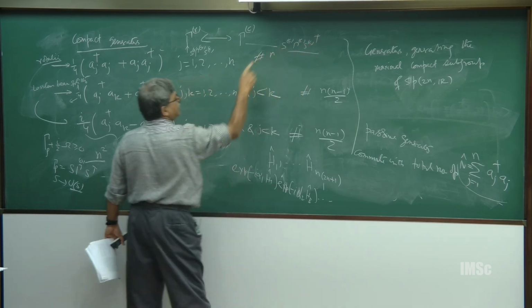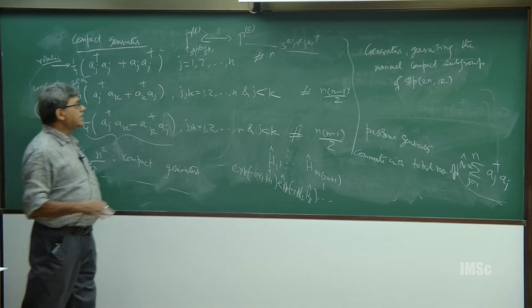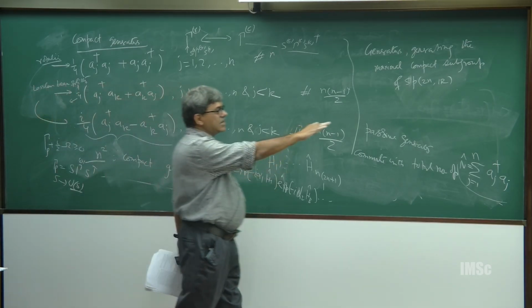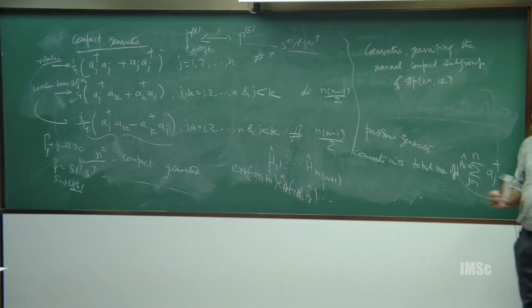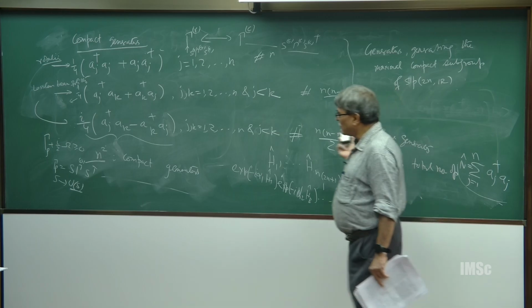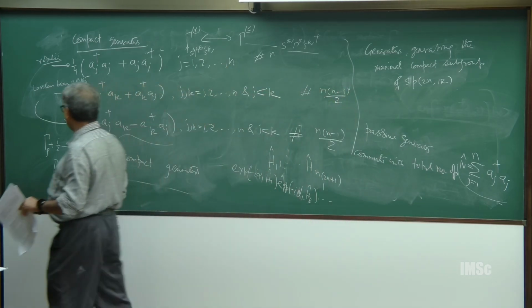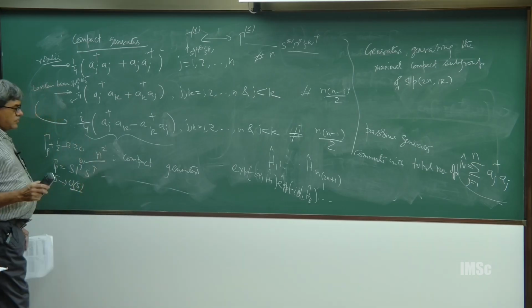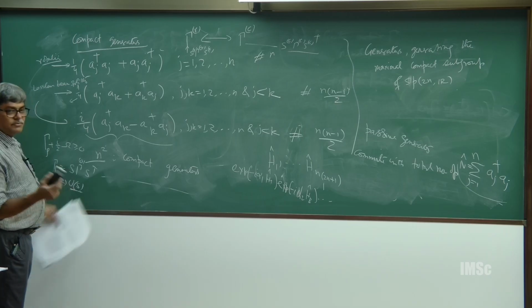S c is the corresponding complex symplectic transformation, and this will be required to understand the generators of this intersection also. So this complexification of the symplectic transformations and also the covariance matrix we will have to figure out. Let me stop here, and if you have a question, yes.